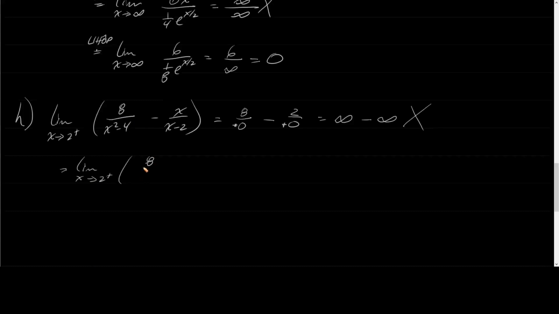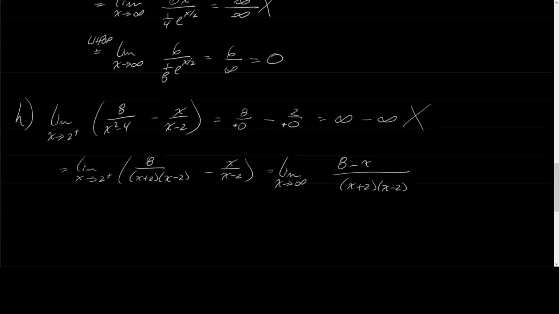And when I factor, I have x plus 2 times x minus 2. I'm going to come up with a common denominator. Limit as x goes to 2 from the right of x plus 2 times x minus 2, and this is 8 minus x times x plus 2.